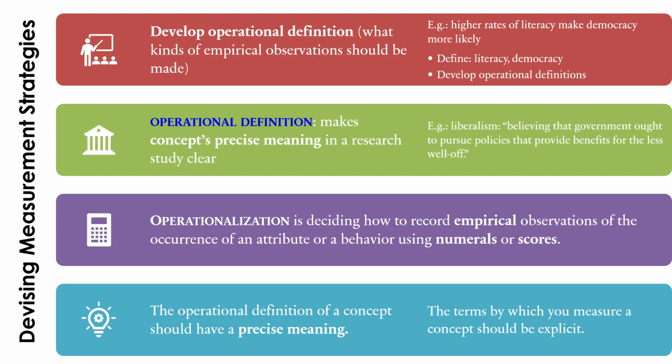Now, if you are measuring a concept such as democracy, you can't just say if a country calls itself a democracy, then we are going to assume it's a democracy. There are other ways to measure those concepts like freedom. For example, North Korea calls itself the Democratic People's Republic of Korea.